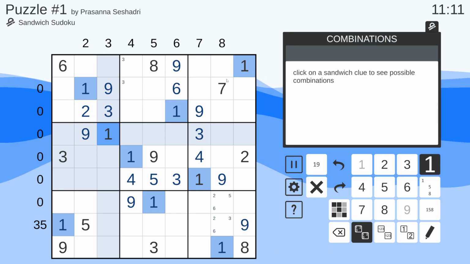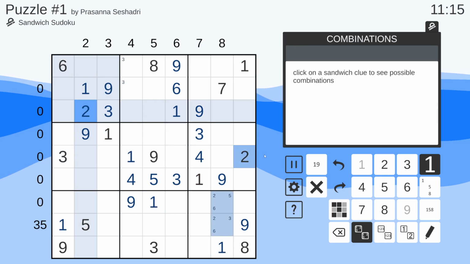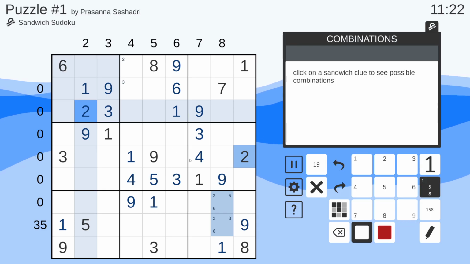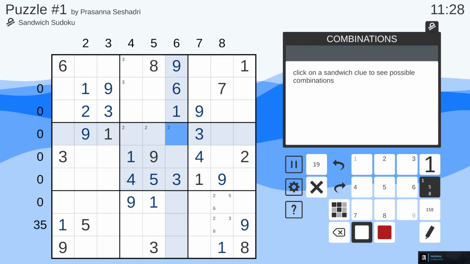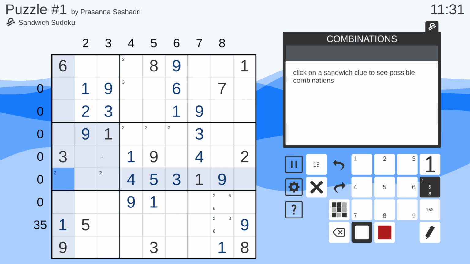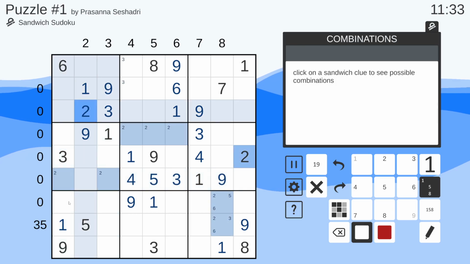So, see, I've got all my 1s placed. Look at 2. We have 2 needing, well, should I pencil mark this? 2 needing to be in this box. 2 is one of these 2 places.